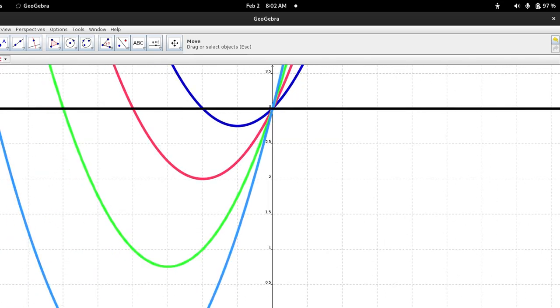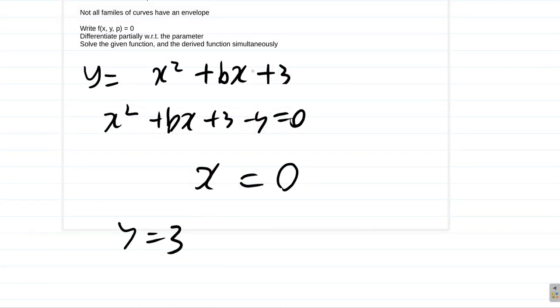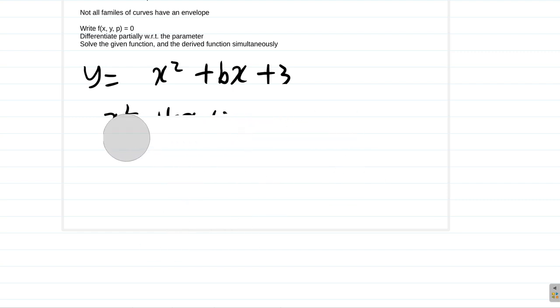Alright. Let's do one more thing now. Let's make the end part here the parameter. Let's just erase what we have here and try a little thing with this. So what we're going to have is x squared plus, let's say 2x plus c, where c is the parameter.